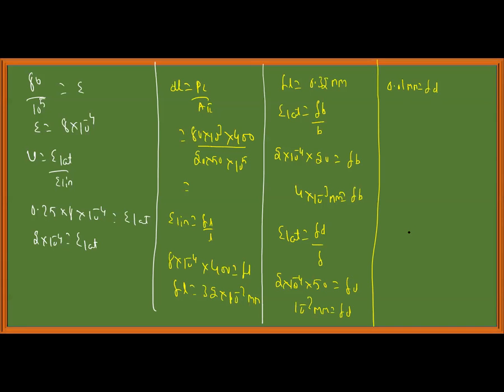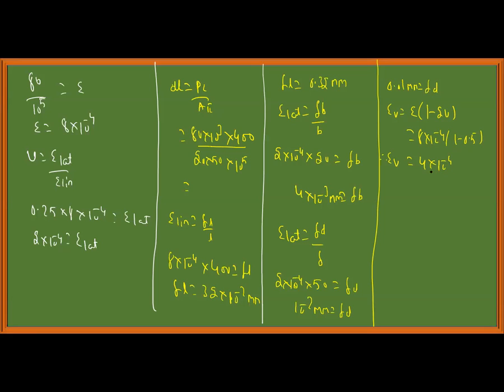Next, volumetric strain, epsilon V, which is equal to delta V by V. I can write directly sigma by E into 1 minus 2 nu, which is equal to epsilon linear, found to be 8 into 10 power minus 4, into 1 minus 0.5. Therefore, volumetric strain is 4 into 10 power minus 4.